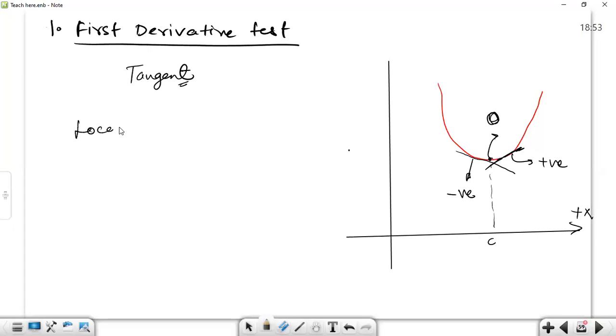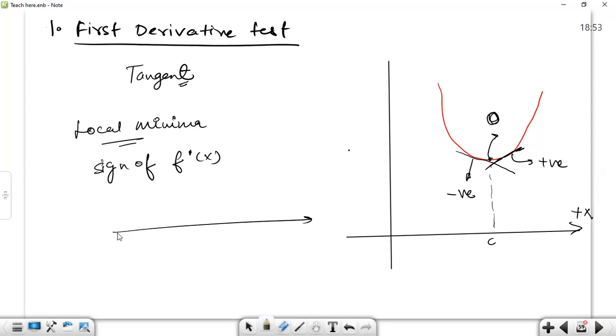So for local minima, we are discussing the sign of f dash x. On C, it would be 0. Between C and minus infinity, it would be negative. And between C and positive infinity, it would be positive.